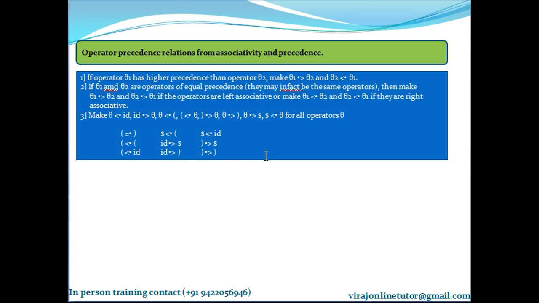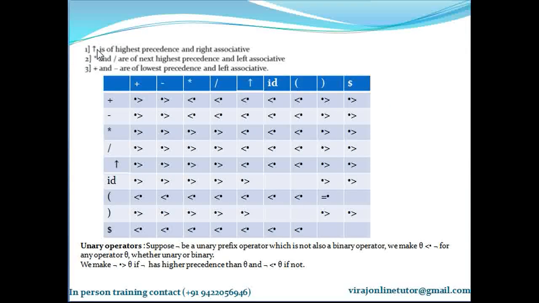The first rule says if theta 1 has higher precedence than theta 2, then make theta 1 greater than theta 2 and theta 2 less than theta 1. Over here exponentiation has the highest precedence over multiply, divide, plus and minus.